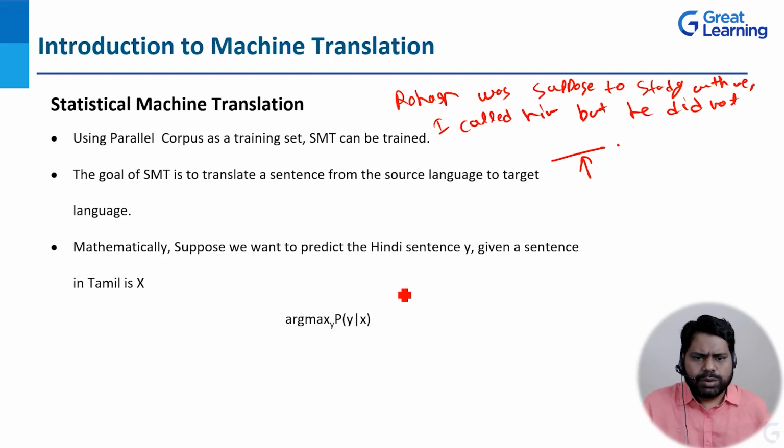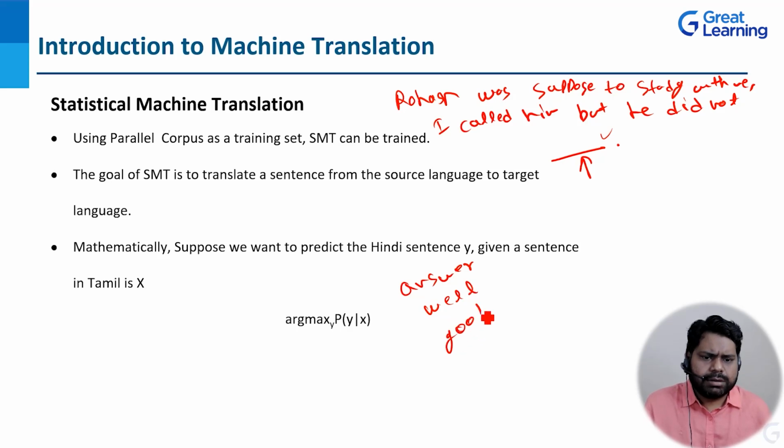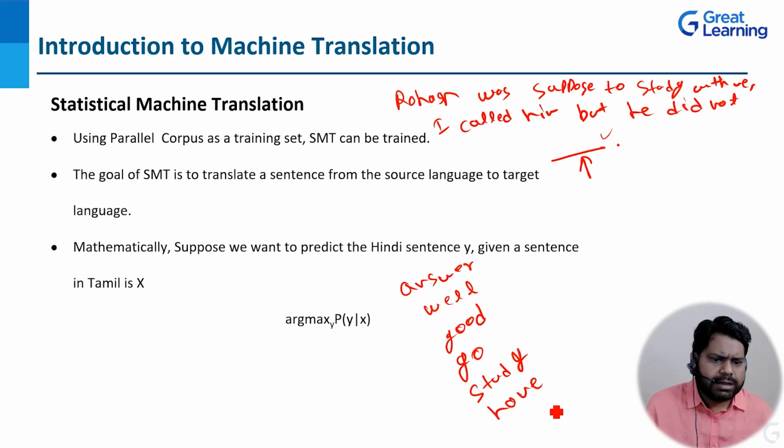Based on the probability of this word, or the most suitable word, we can find out with the help of a corresponding corpus. Let's suppose we have: answer, well, good, go, study, have. And then there can be more words like that.